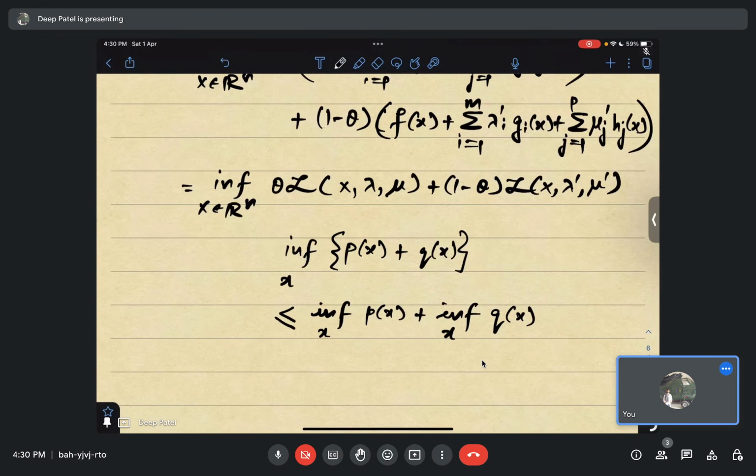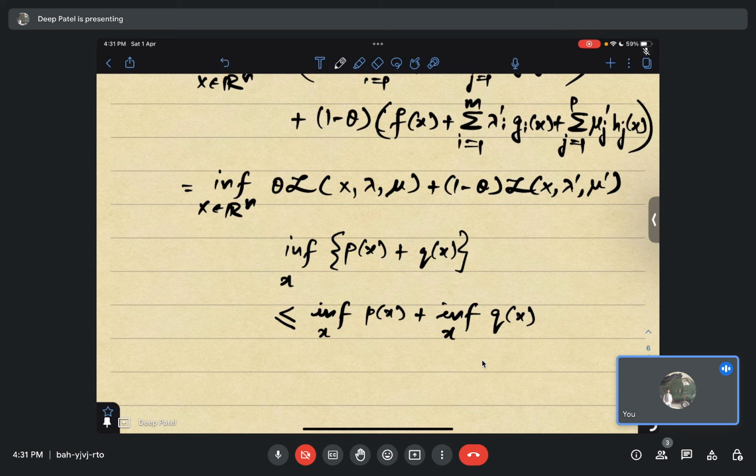And why is that? Yeah, because q x can be negative, right? Which subtracts from p x. So if you take the infimum on the left hand side, it becomes less than the individual infima. As I was just thinking, that may not be correct also.